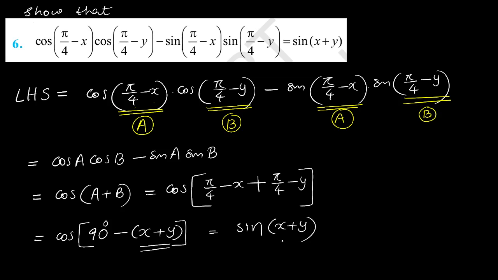But the sign has to be considered. 90 minus theta is less than 90, so it lies in the first quadrant. All are positive, so the right side is positive. I proved it. LHS equals RHS.